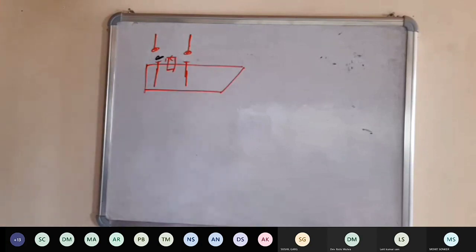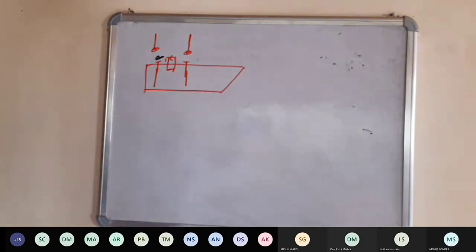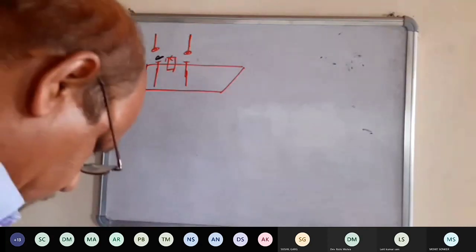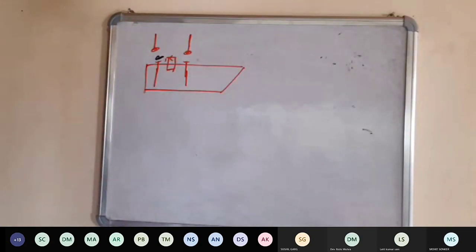Which is the rod that is going to create induced B? What are we calling these vertical rods? Z. The C rod.